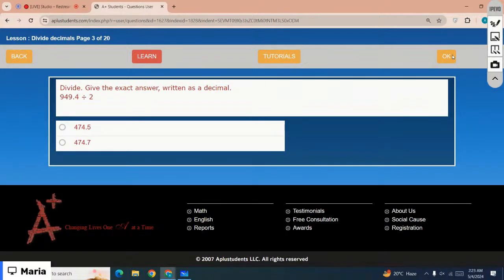Okay, 949.4 divided by 2, which is the correct option? Okay, let's just divide using the long division method.